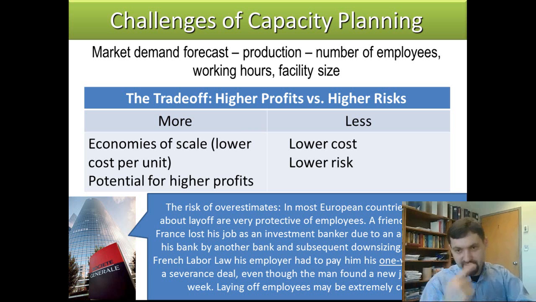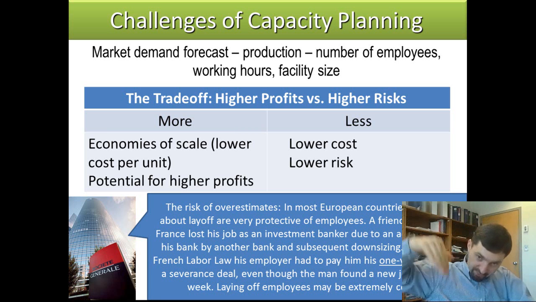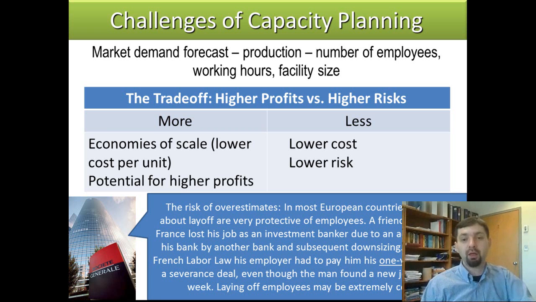And so this vicious cycle basically starts the downward spiral. And so in the societies where the laws are not very protective of the employees, the economic crises tend to be deeper.